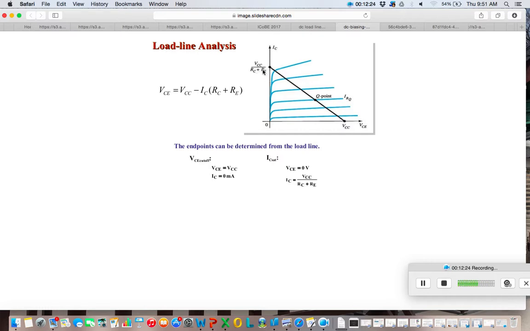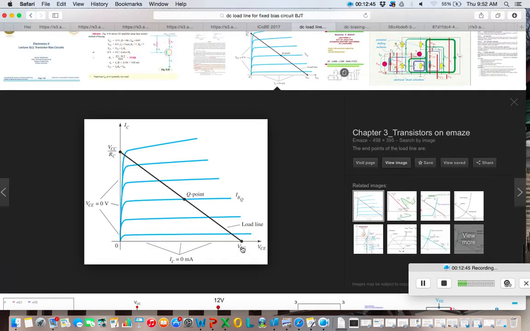This one is for the emitter stabilized bias circuit because there is an additional RE. The rest is similar. For example, the point at the x-axis, or VCE axis, is VCC, similar to here.